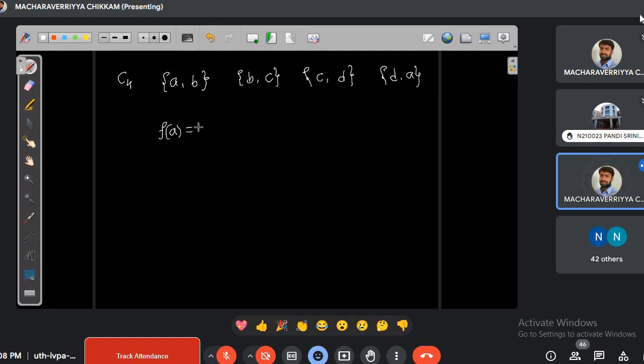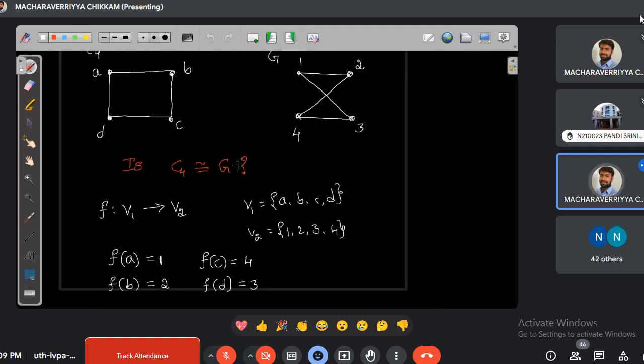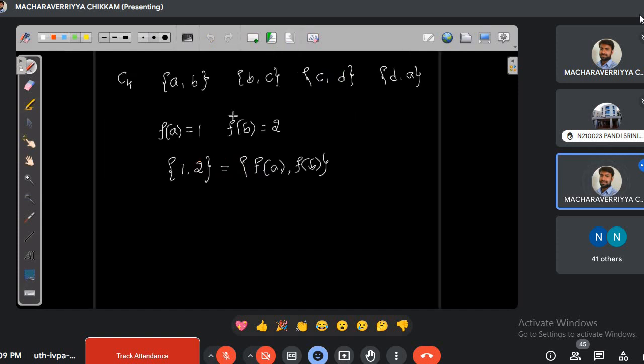What is f of A here? f of A is 1 and f of B is 2, and we have this edge 1 comma 2, and this is the same as f of A comma f of B. I mean, this 1 2 edge is here. Now for this particular edge we got an edge here. Next, let me take the edge BC.